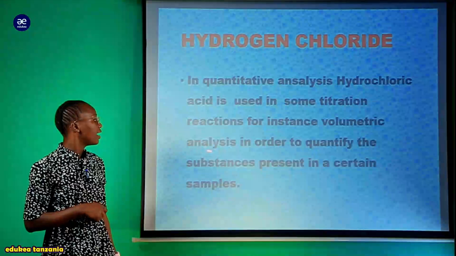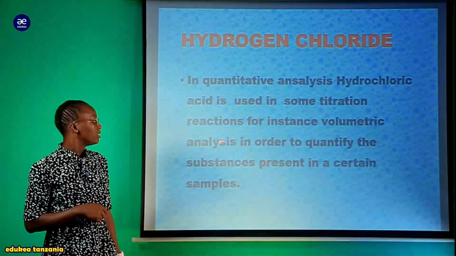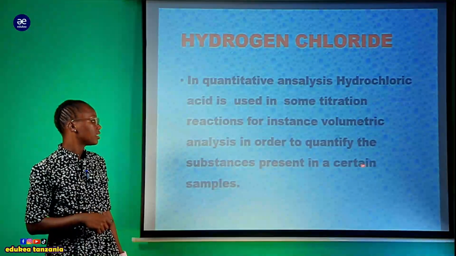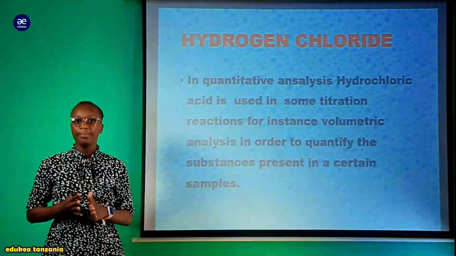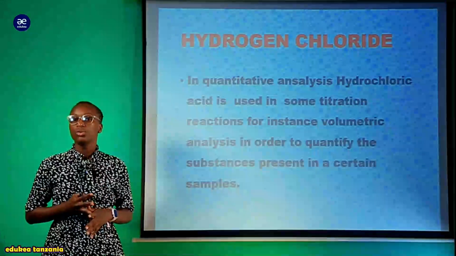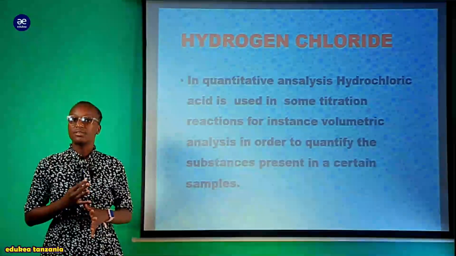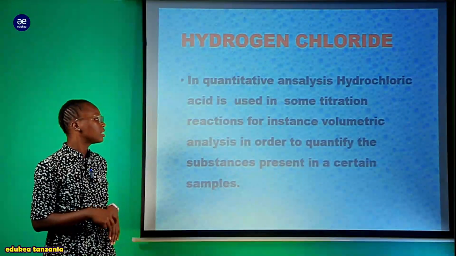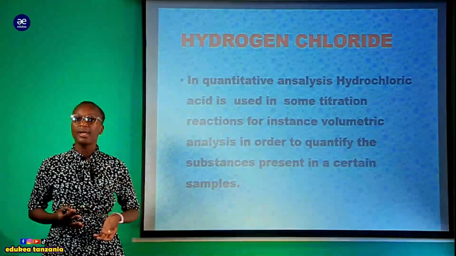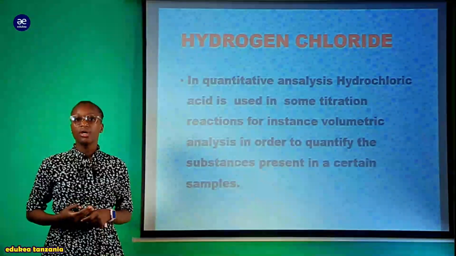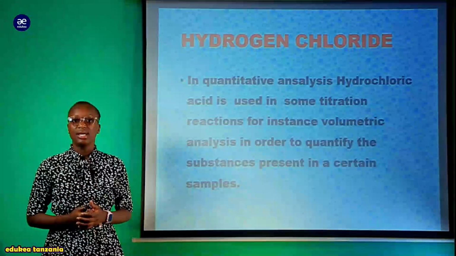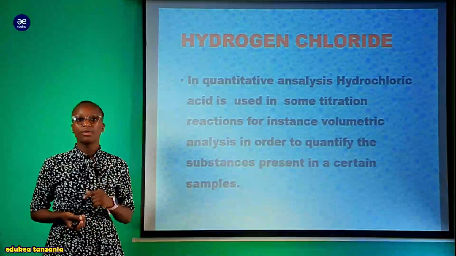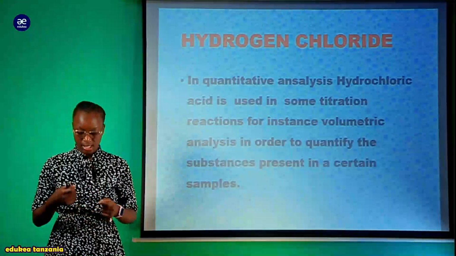Kwamba this volumetric analysis is used in order to quantify the substance present in a certain sample. So the aim is to quantify, to know the quantity of the amount or the substance present in a certain sample. Maybe sample fulani ina quantity ya kitu fulani. So we are doing this analysis kwa kufanya qualitative and quantitative in both, kwa kutumia hydrochloric acid or hydrogen chloride gas.